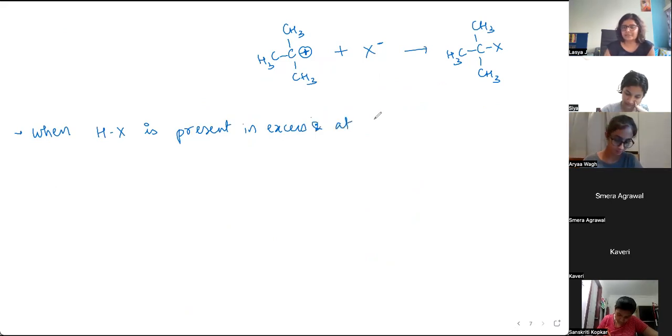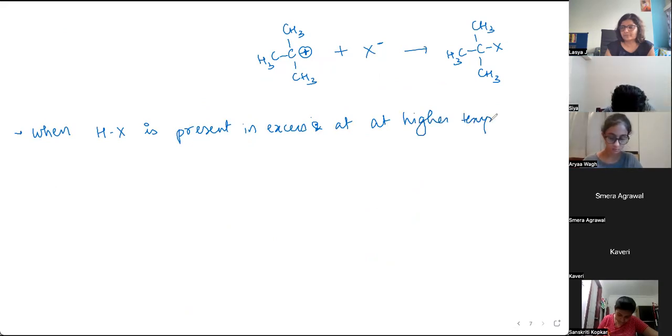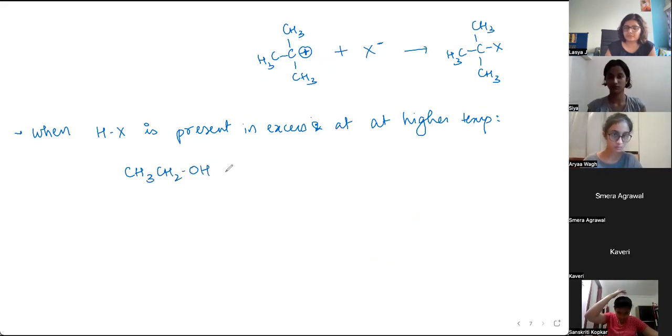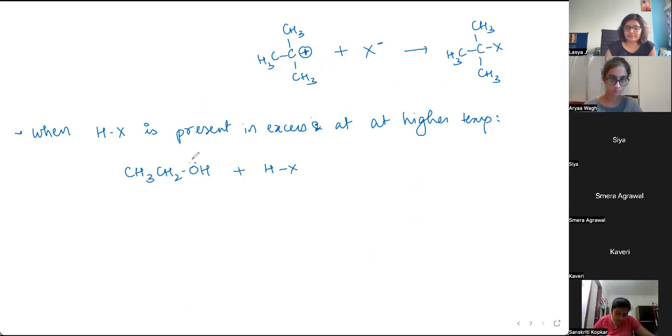And at higher temperature, we have CH3CH2OH. Let's suppose we have the alcohol formed. This lone pair will attack, and the oxygen will take on this thing.